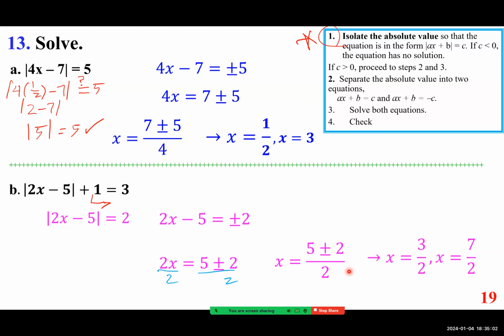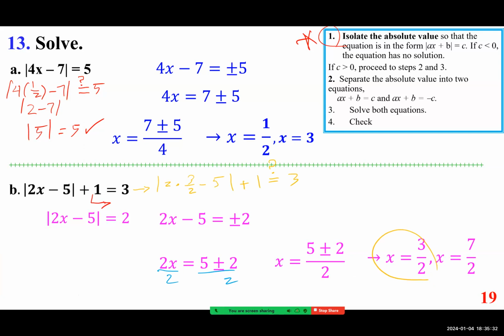And again, you really should check. So I'm going to check one of them. Let's say we are going to check this one. I'm going to write, with always the original equation, 2 times 3 halves minus 5, plus 1. We want to see if it's equal to 3, and I'm going to put a question mark because we're checking.